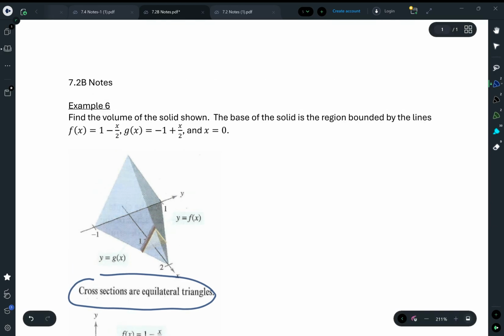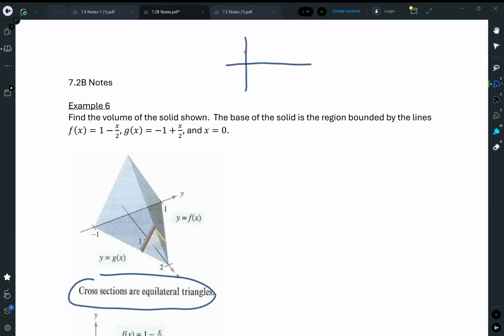Before, we were looking at my y and x-axis, and maybe there was a line forming a triangular shape. We were taking that shape and revolving it around an axis, either the x or the y-axis, in this case the x-axis.